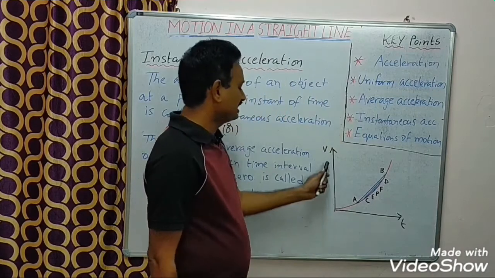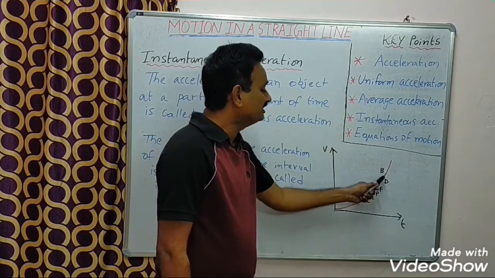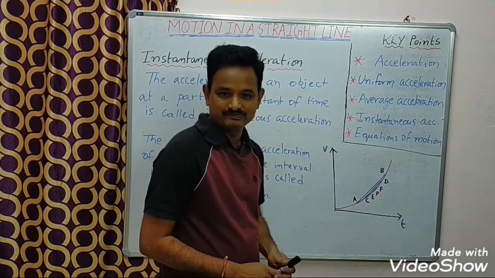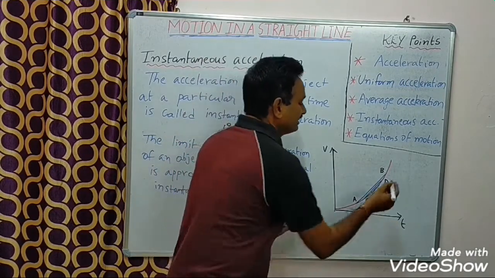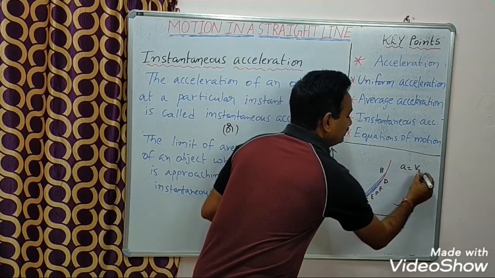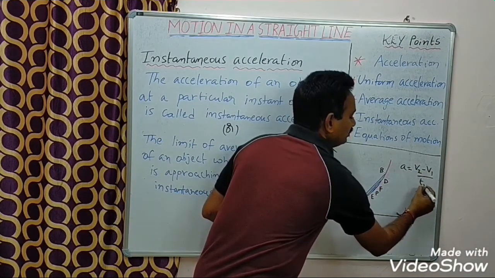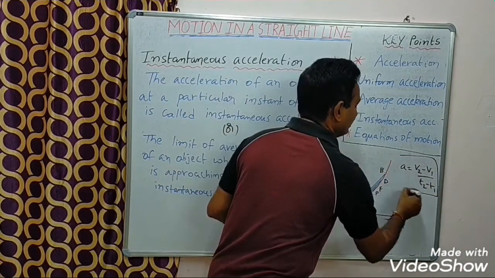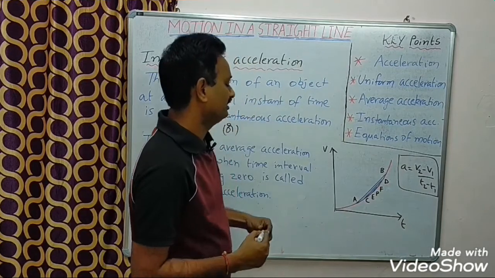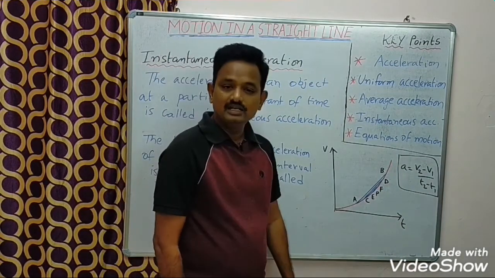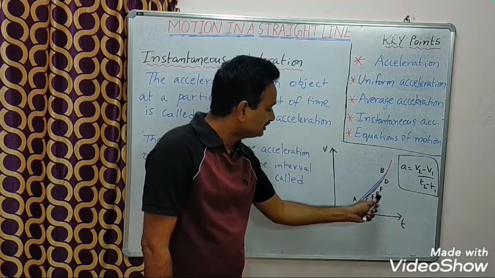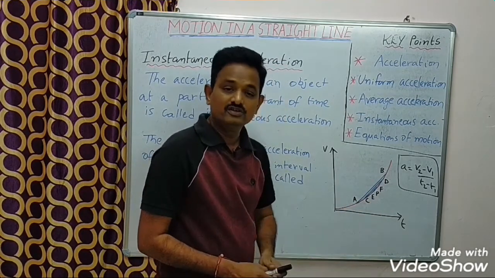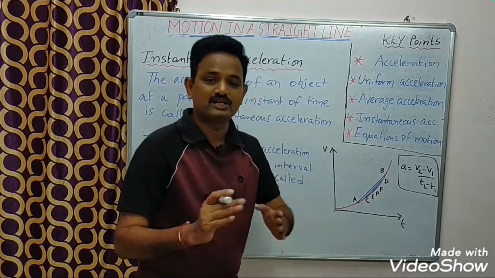See, in this velocity time graph, the slope of the tangent drawn to the curve gives average acceleration. Here, average acceleration a equals (v2 minus v1) by (t2 minus t1). See here, if you observe the average acceleration for these three tangents, AB, CD and EF, the time interval is in decreasing order.